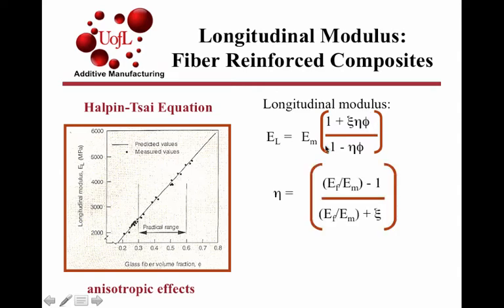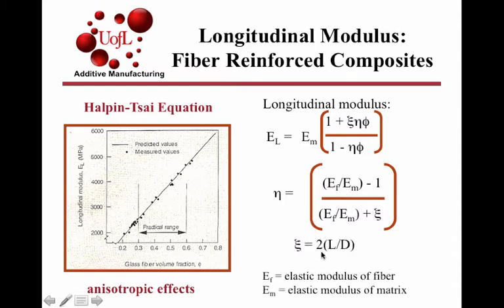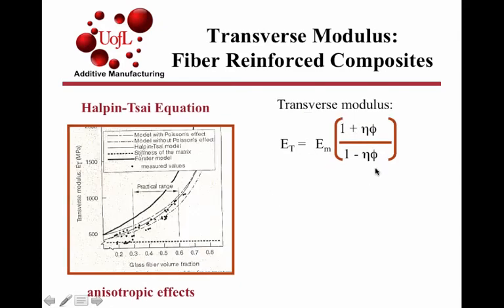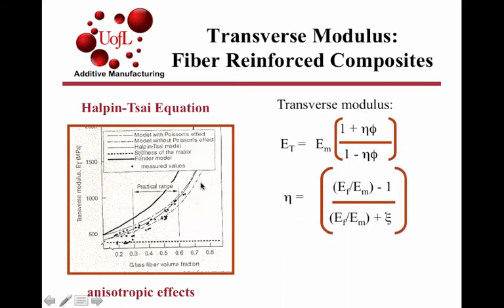In addition, you have some other constants that take into account the L over D ratio, or fiber aspect ratio, so the shape of the particle that is being used in the composite. So in the direction of the fiber, that's where the longitudinal modulus is defined in this manner and tends to be higher than in the transverse direction, where there's lower load bearing capacity across the diameter of the fiber. And Halpern-Tsai also derived what that might look like in the transverse direction.